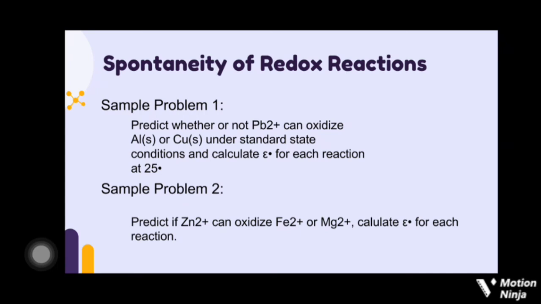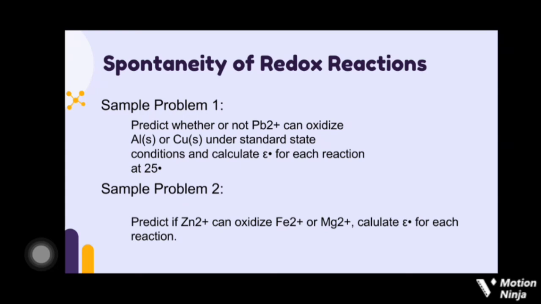Then use the equation E naught reduction plus E naught oxidation to get the sum, the standard cell potential, which is the E naught cell.